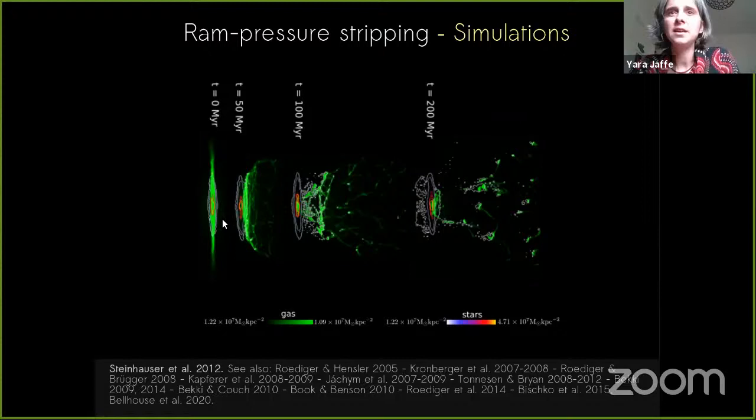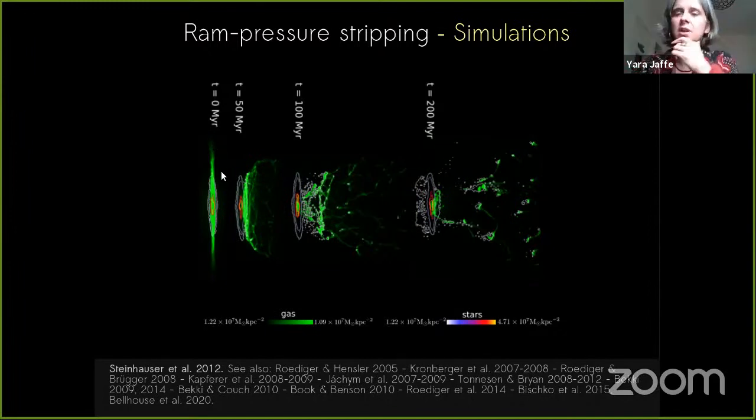The stellar disk of the galaxy, which is shown here by the white contours and colored contours at the center, corresponds to the stars. And here you have a density scale. And the green extended disk corresponds to the gaseous disk. And before the galaxies fall into the cluster, they have very extended gas disks that we observe in HI, as I'll show in a second.